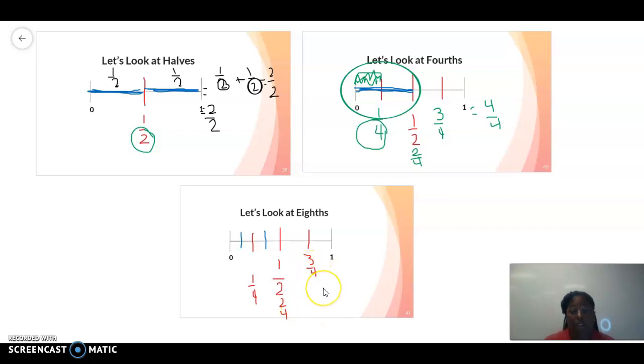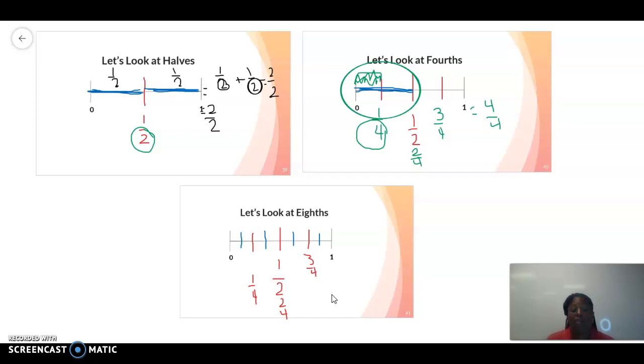So all I'm doing now is dividing those fourths into smaller pieces, which is going to give me eighths, okay? So from 1/2 to 3/4, I can make that smaller and put a marker here to divide it into half. And then from 3/4 to 1, I'm going to place a marker here to divide that into halves.